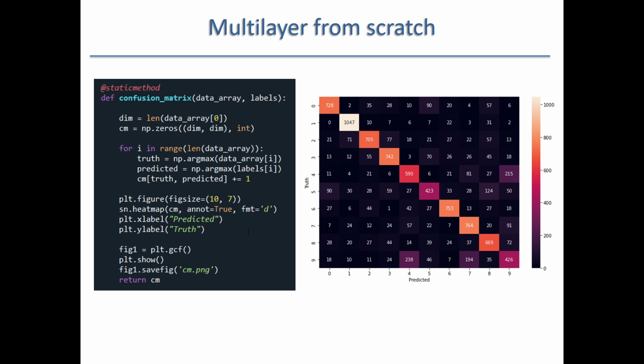Okay, so let's see how the sequential works. The sequential will have a list of layers, a list of activations, a list of loss functions, epochs, and accuracies. This is just for keeping track of the loss function for each one of the epochs, and the same for accuracy.